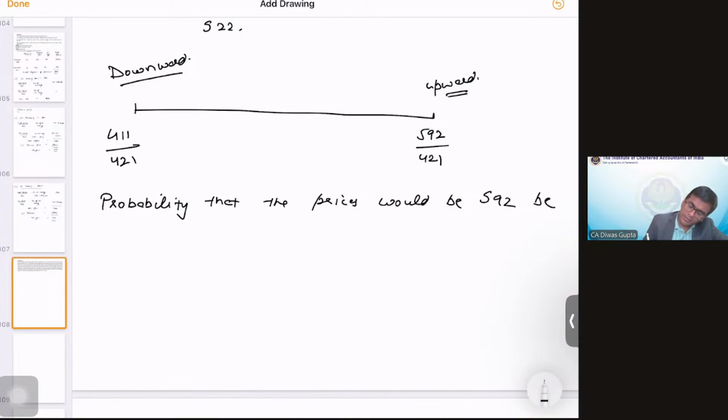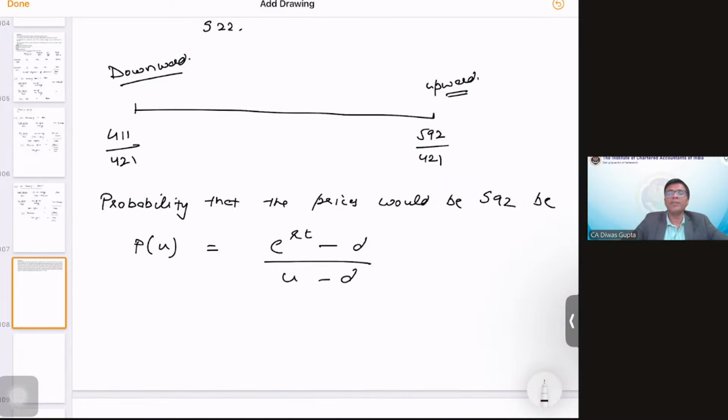Probability of prices going up is equal to e raised to the power rt minus d divided by u minus d. So this is the first time that we are using e raised to the power rt because this is what is given in the question. Yes.